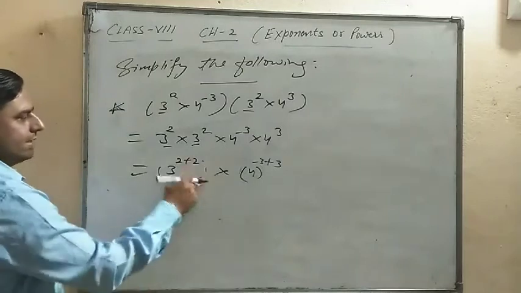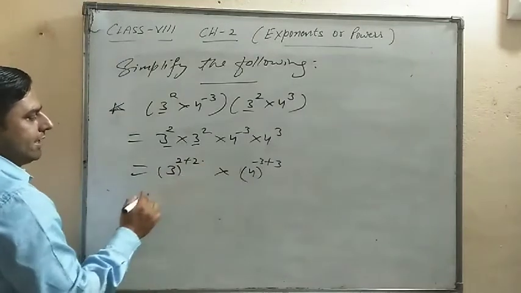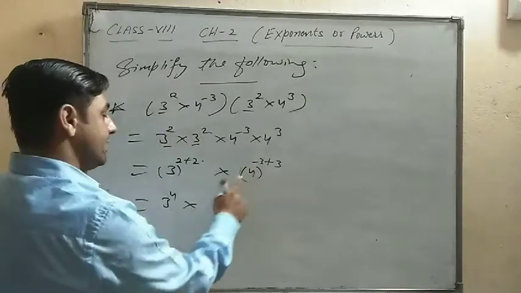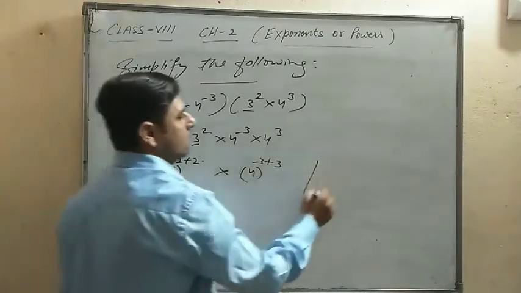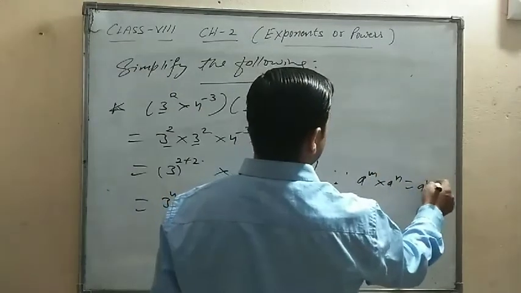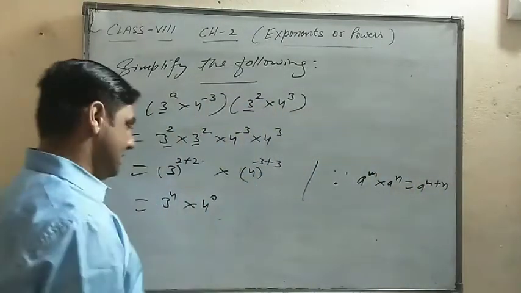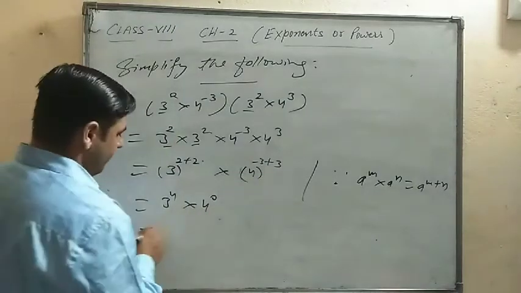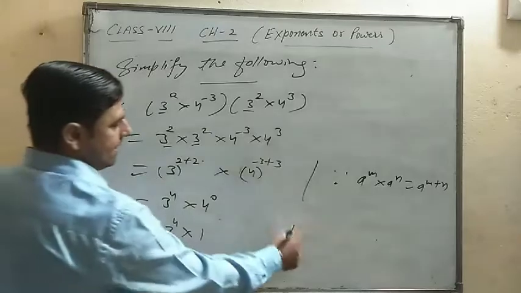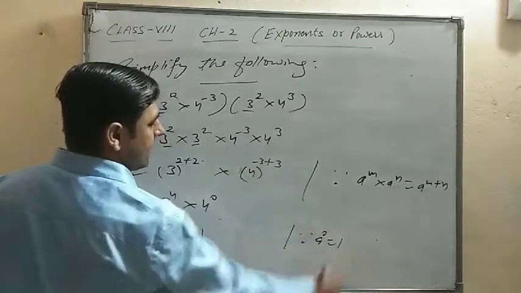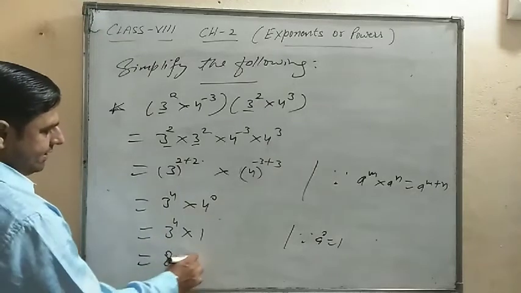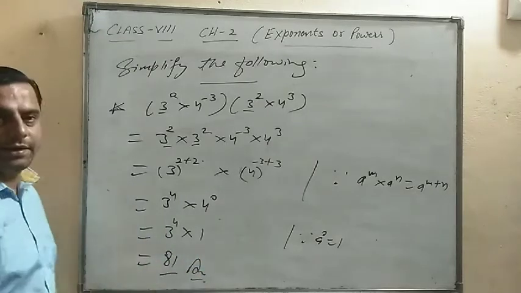So the result is 3 raised to power 4 into 4 raised to power minus 3 plus 3, that means 0. Because a raised to power m into a raised to power n is equal to a raised to power m plus n. And here we have 3 raised to power 4 into 4 raised to power 0, that means 1, because a raised to power 0 is equal to 1. So 3 raised to power 4 is equal to 81.